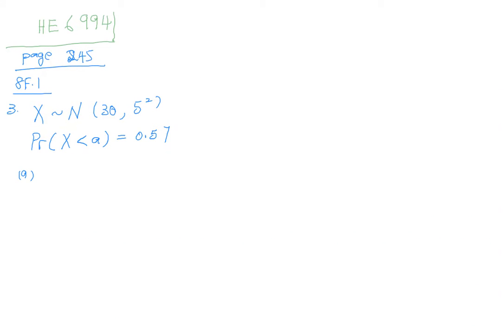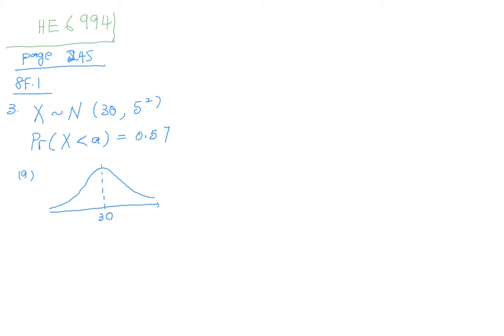Determine whether A is greater or less than 30. So using a diagram, we are going to draw a diagram. What diagram are we supposed to draw? We are going to draw the normal distribution bell-shaped curve, right? So the mean is 30.